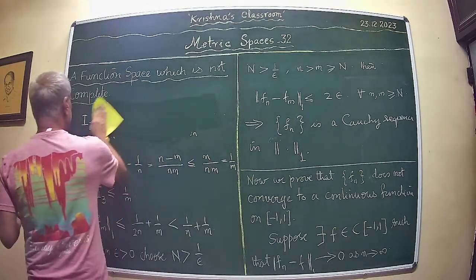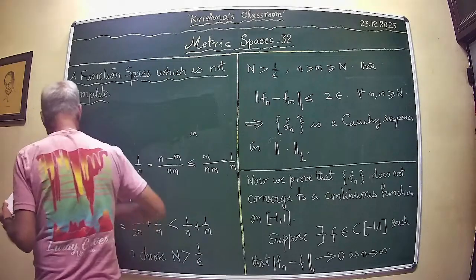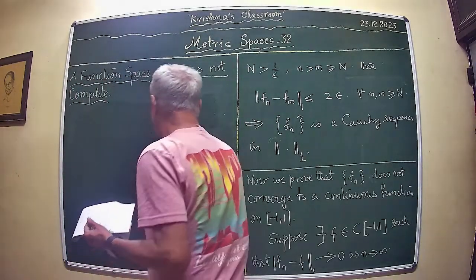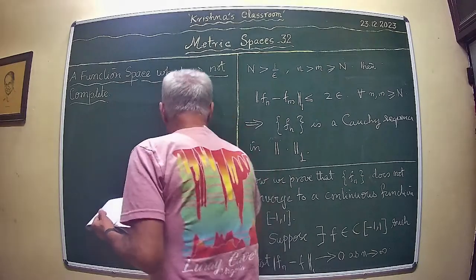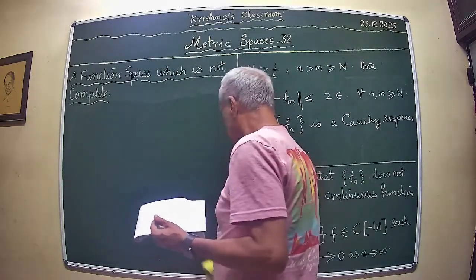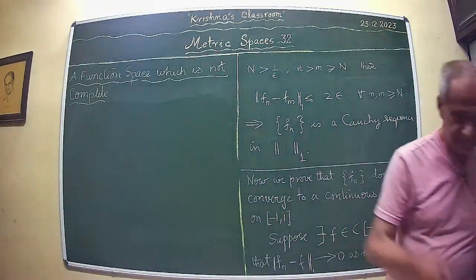Or effectively saying that this is not possible. There does not exist a continuous function on the interval -1 to +1 which is the limit of the sequence Fn we have constructed.